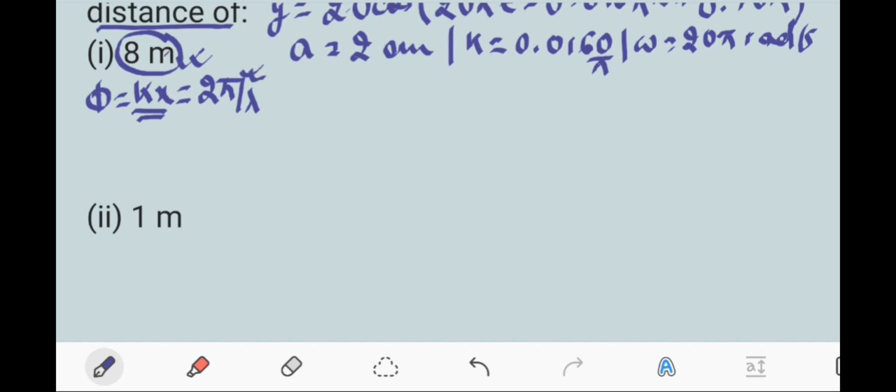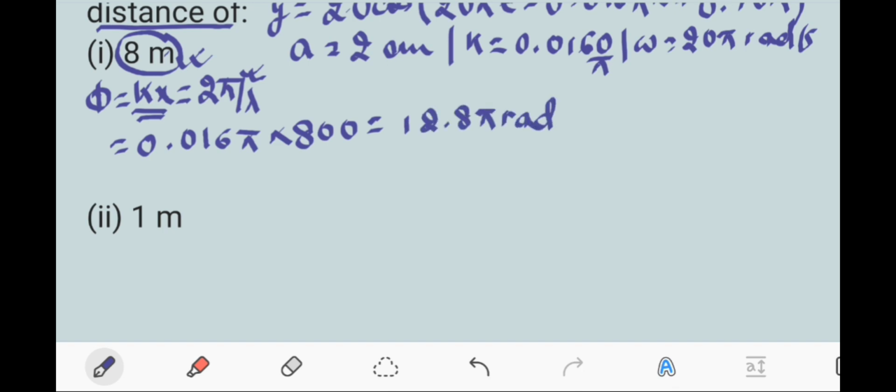So since we have 8 meter, phi equals k, which is 0.016 pi, multiplied by 8 meter. 8 meter when converted into centimeter becomes 800 centimeter. So finally we get the answer 12.8 pi radian. So this is how this part is solved.